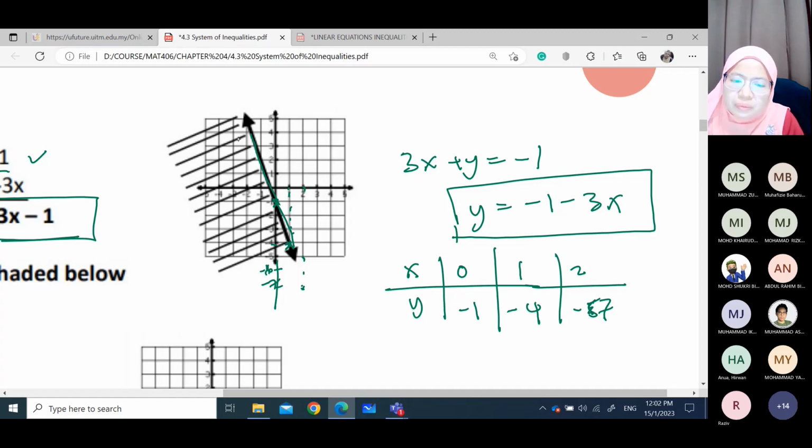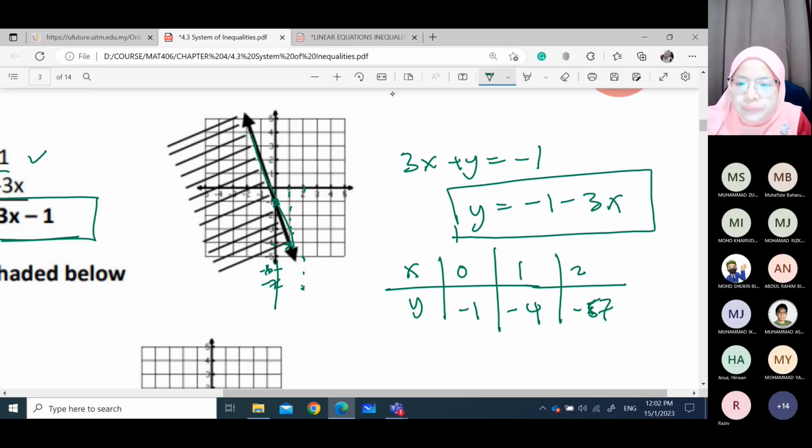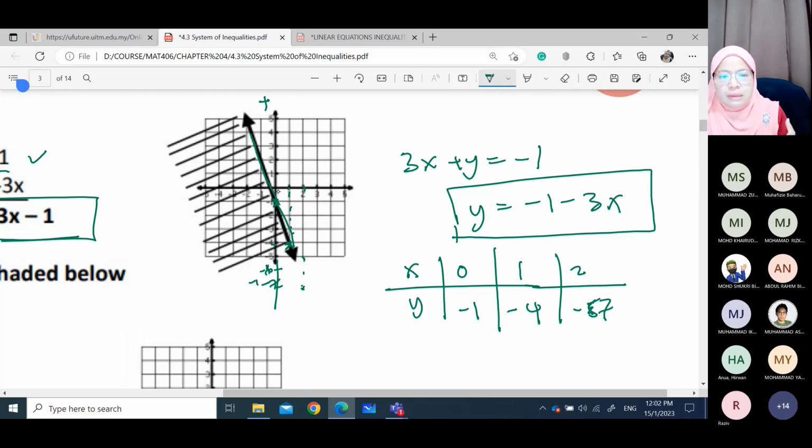So nilai y sentiasa lebih kecil. So y ni dia ada dua value, positif dan negatif. Kalau y berada di atas, y sentiasa besar nilai dia. Kalau y berada di bawah, dia sentiasa kecil.